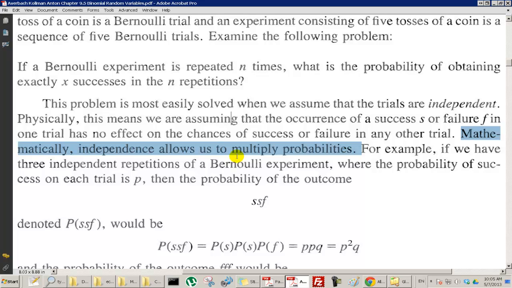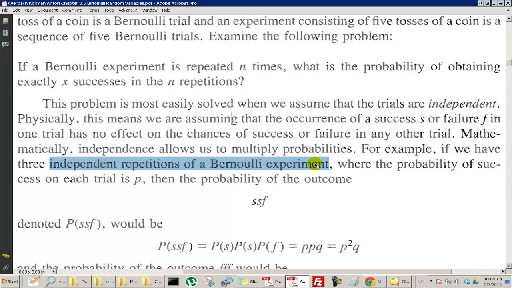For example, if we have 3 independent repetitions of a Bernoulli experiment, where the probability of success on each trial is called P, then the probability of the outcome SSF, meaning success on the first, success on the second, and failure on the third, would be denoted as the probability of success, success, failure. We're allowed to split them up.